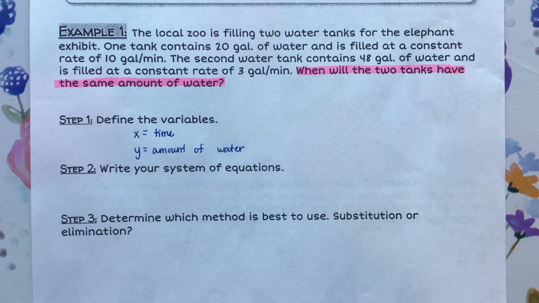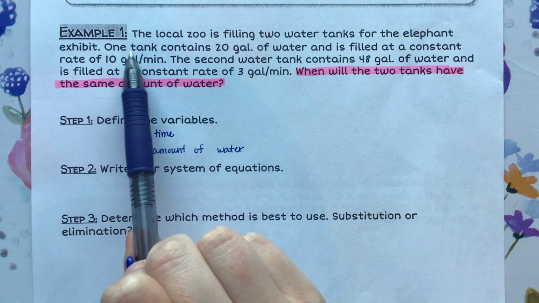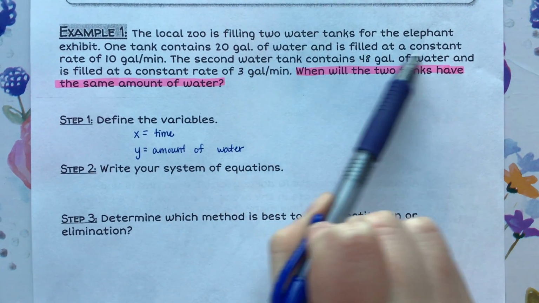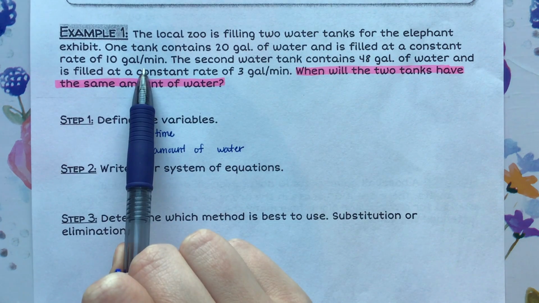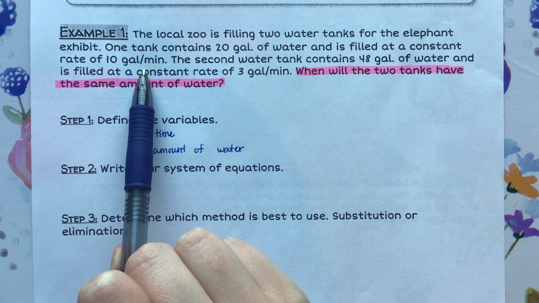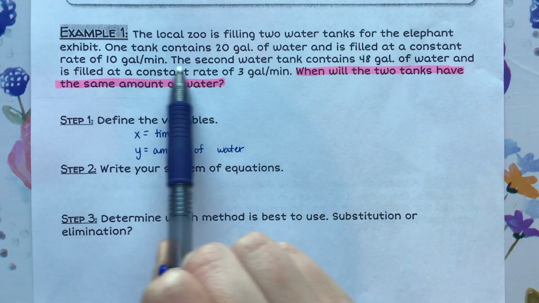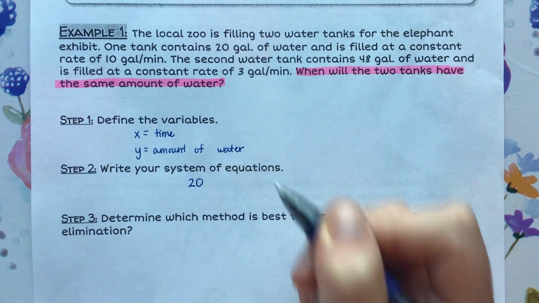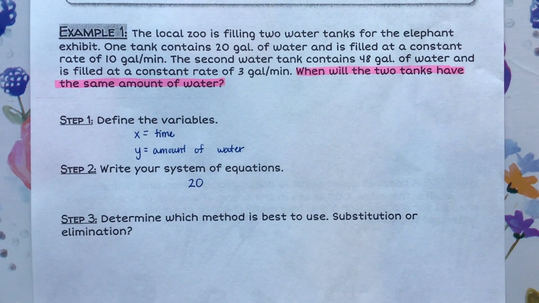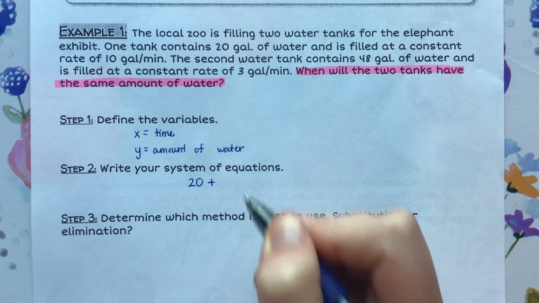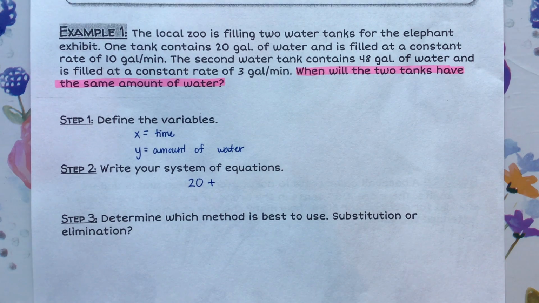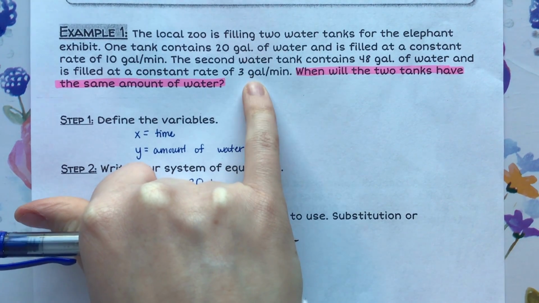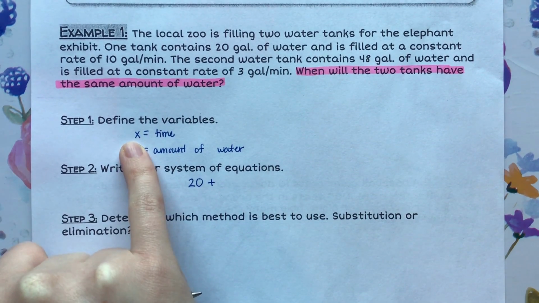So we have one tank contains 20 gallons of water and is filled at a constant rate of 10 gallons per minute. So let's write an equation for that sentence. It begins at 20, and then it's getting more full, so that's going to be plus. And if it's 3 gallons per minute, then it's going to be 3x, or sorry, 10x.